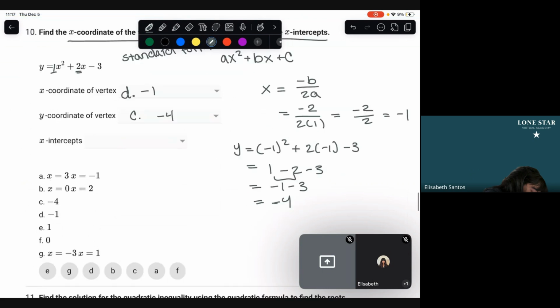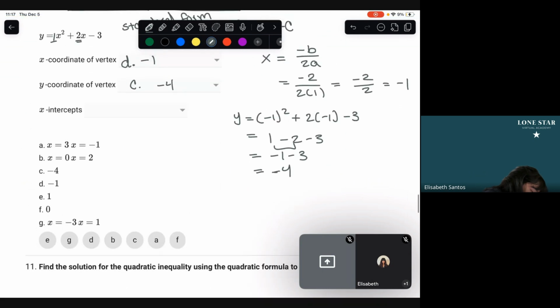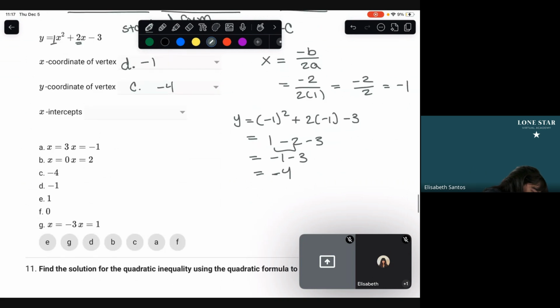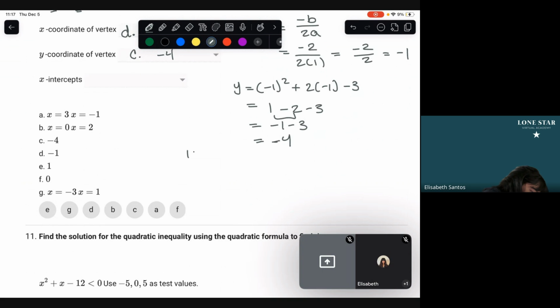Now we're trying to find the x-intercepts. We can do that 2 different ways. Here's one way using the quadratic formula, which is x equals negative b plus or minus the square root of b squared minus 4ac, all over 2a.